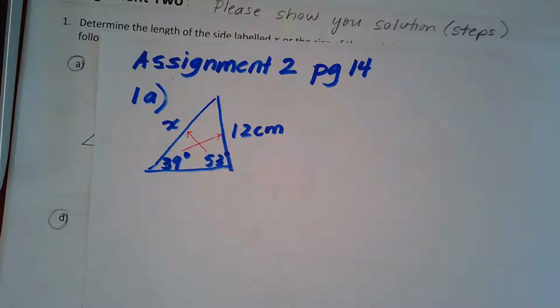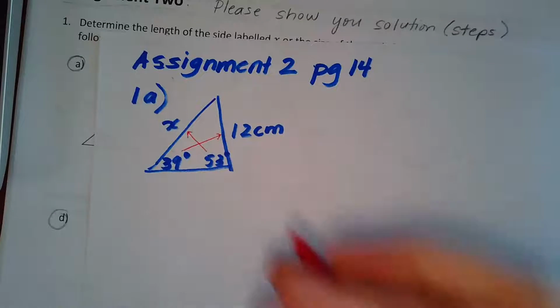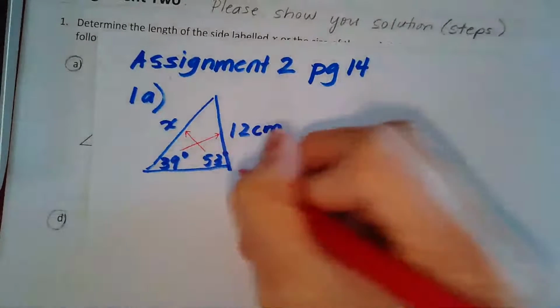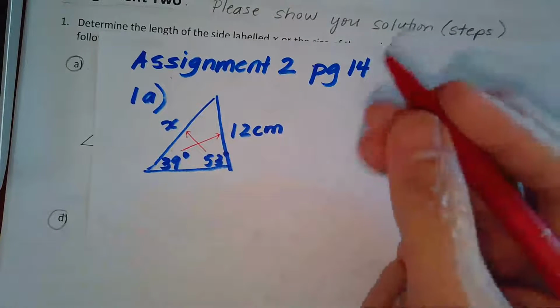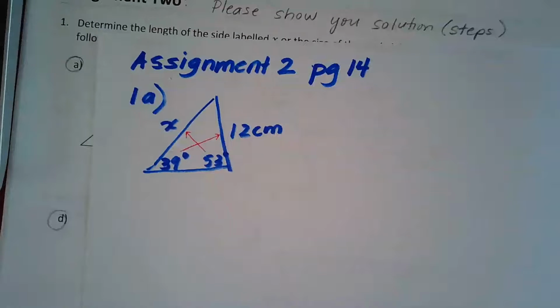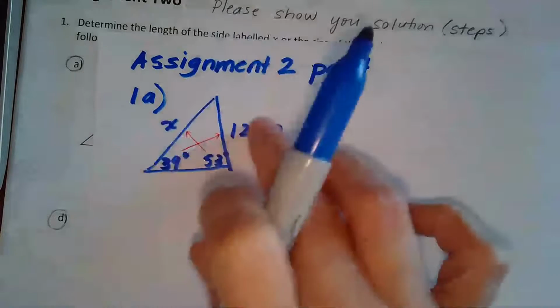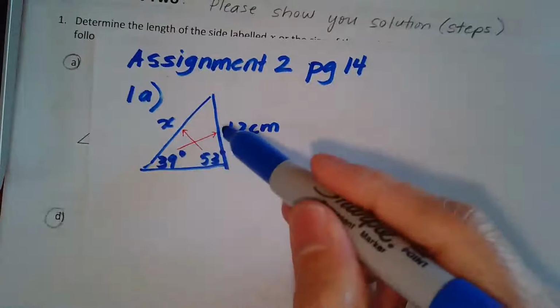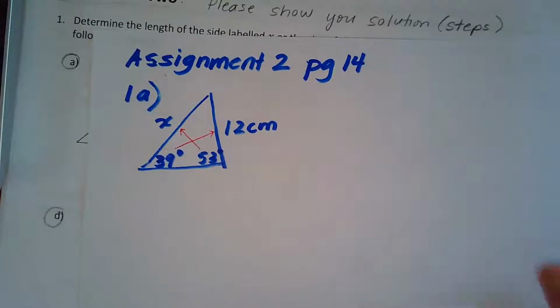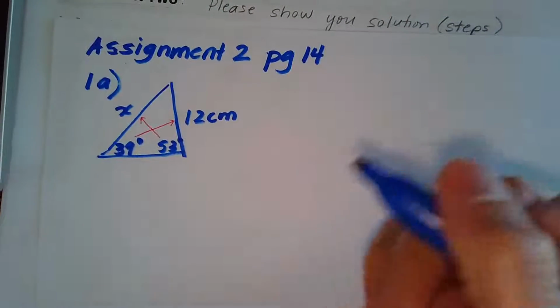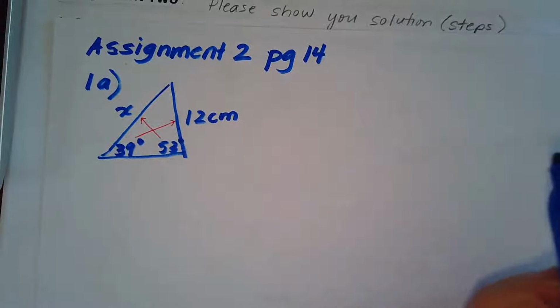Now, if you prefer, we can label the angles and sides, or we can just see that those are paired up and these are paired up. I'll just do that, and this will save us a little bit of time.